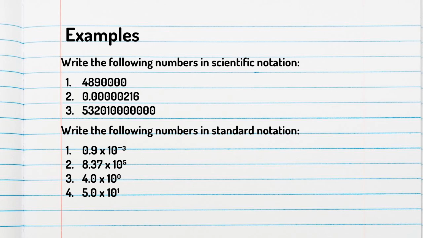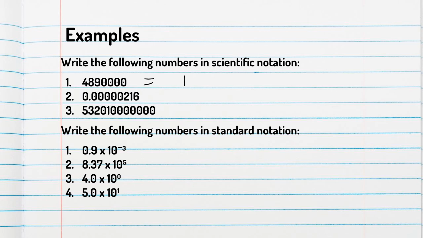We're going to write the first number in scientific notation. I have 4,089,000. I want to write that in scientific notation.